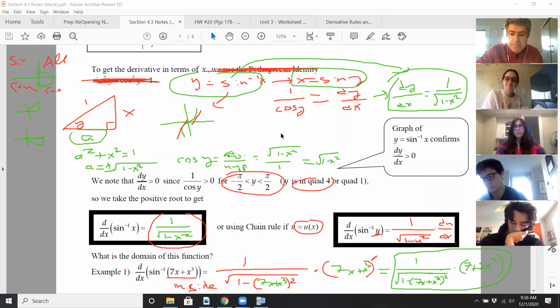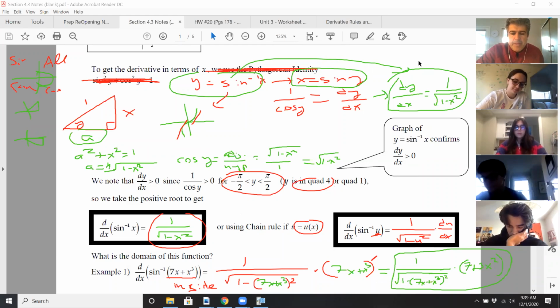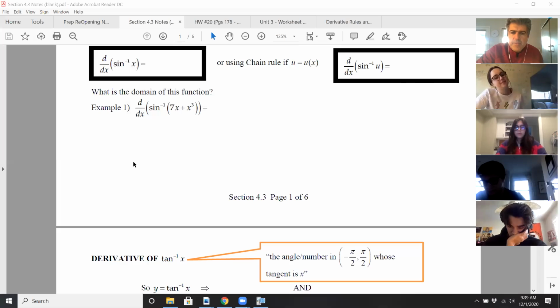I mean, it could be the fact that everything stays positive because you have a square root, maybe, but you have 7 plus 3x squared, which also stays positive. I wouldn't worry too much about that. But you just want to make sure you did it correctly. That is just a verification process. So yeah, no need to overthink that.